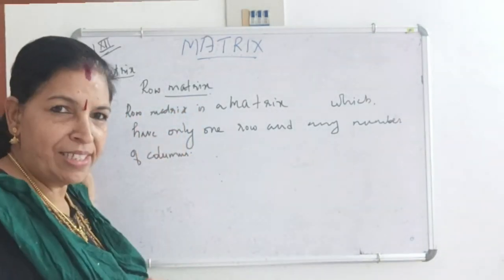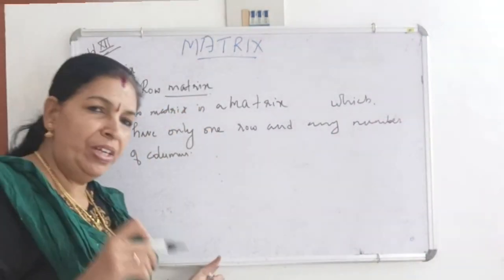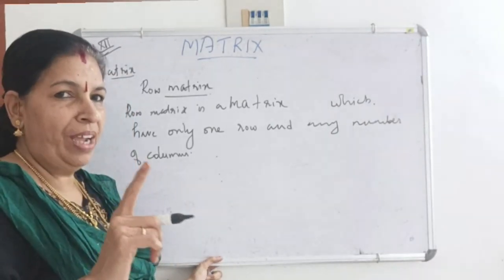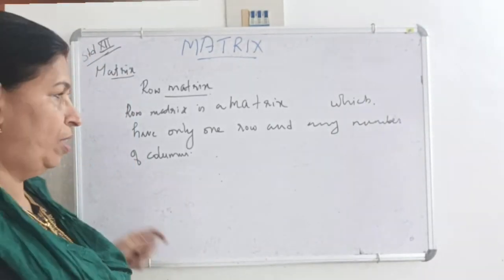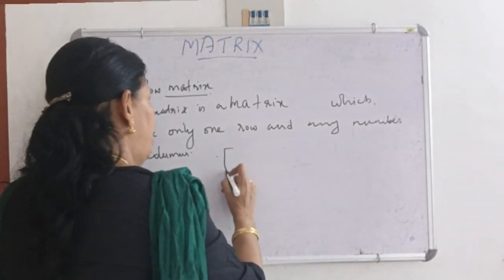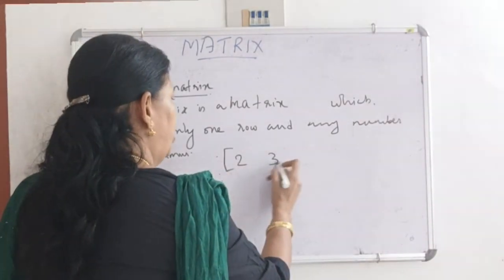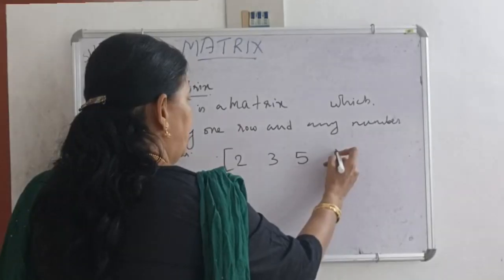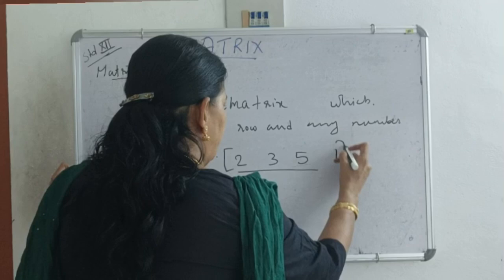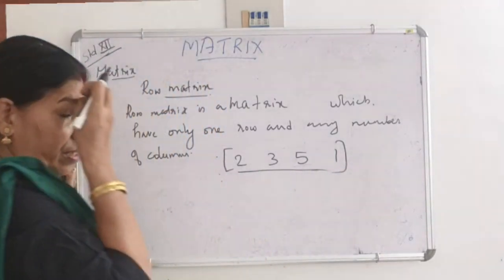For example, 2, 3, 5, 1. This is a row matrix.